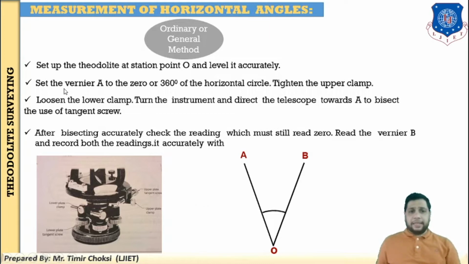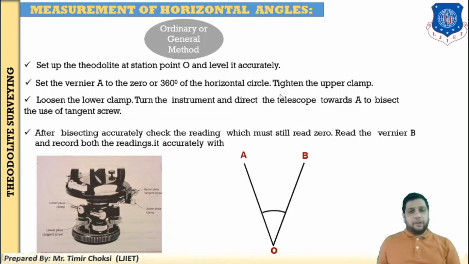Now set vernier A to 0 or 360 degrees of the horizontal circle and then tighten the upper clamp screw. I already explained in the previous video the work of the upper plate, upper clamp screw, upper tangent screw, lower clamp screw, and lower tangent screw.